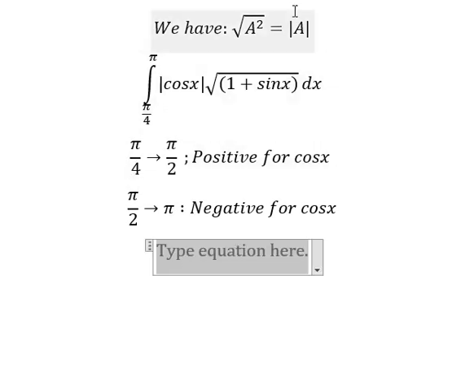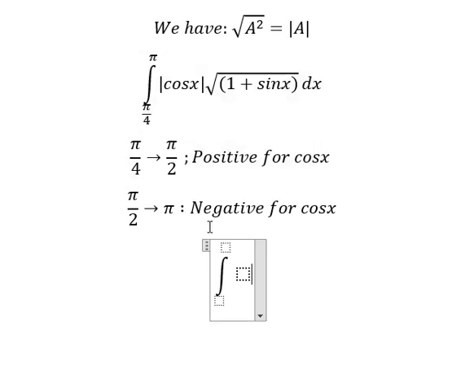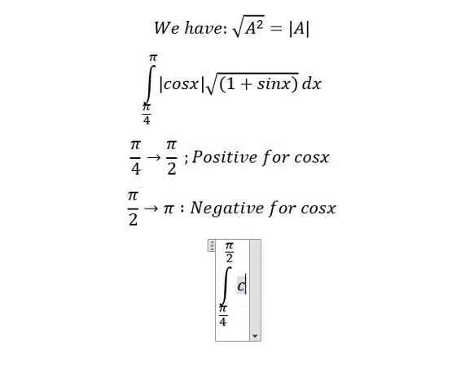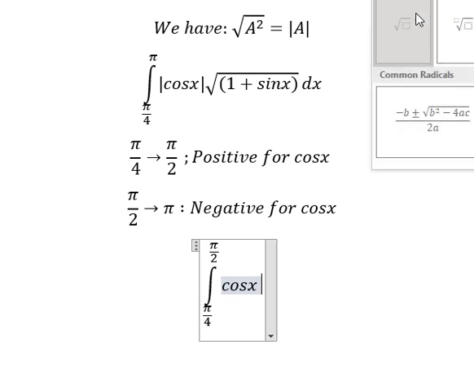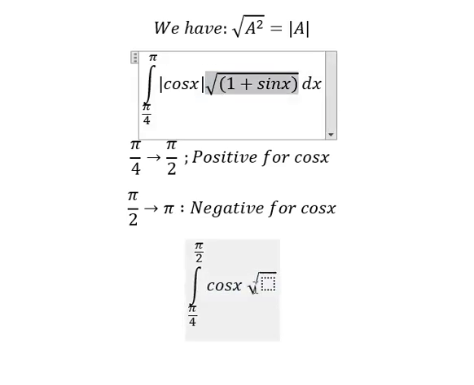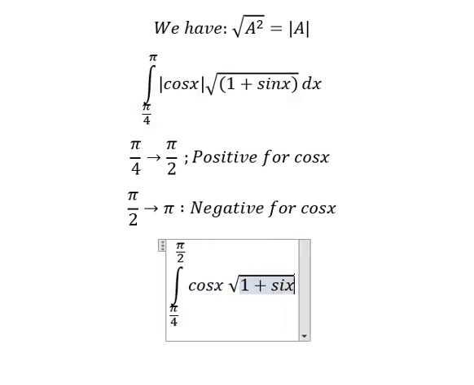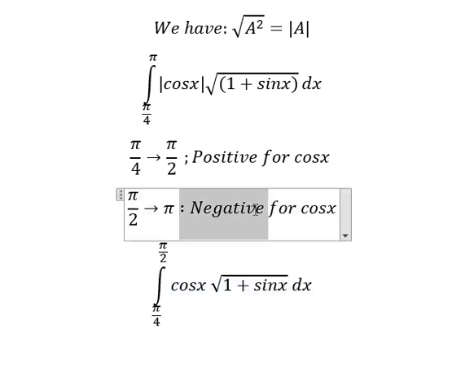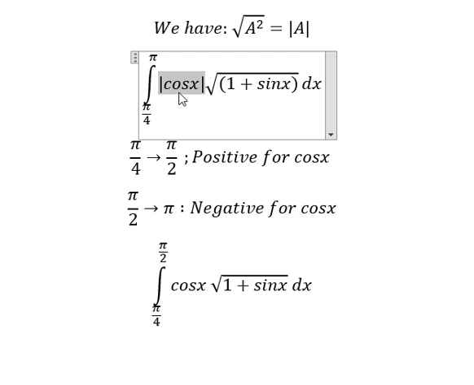So we have the integration from pi over 4 to pi over 2. We put positive. So on the next one, because that's about the negative, but this one they are in the absolute value, you got about positive.